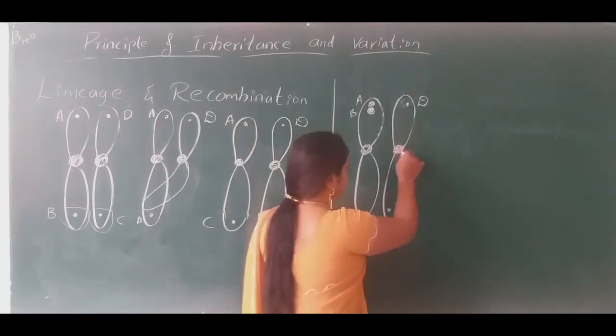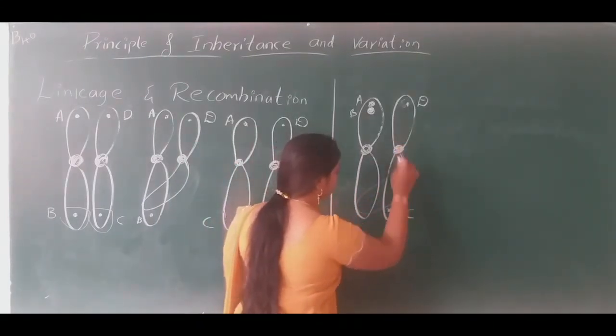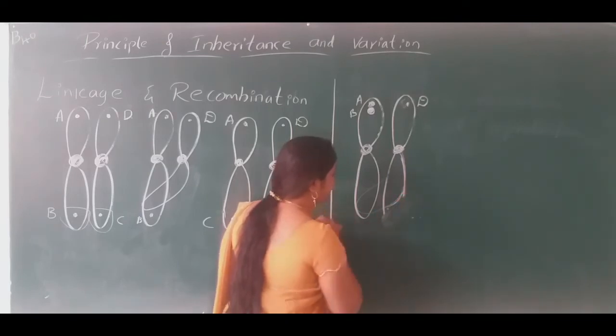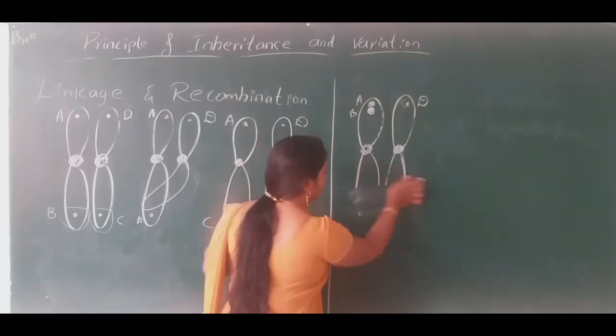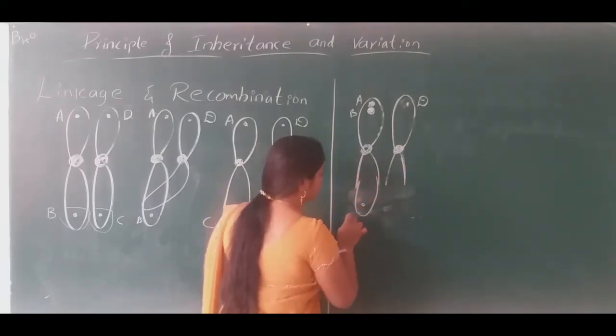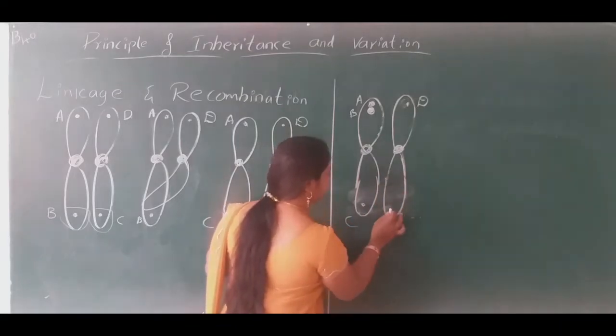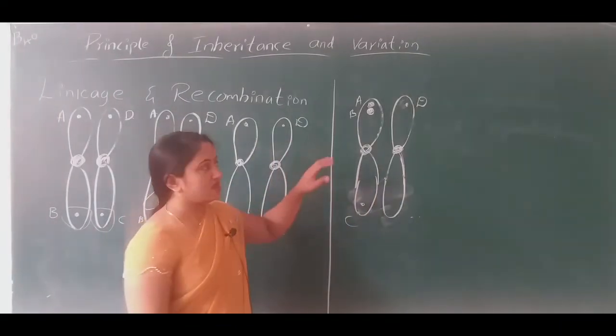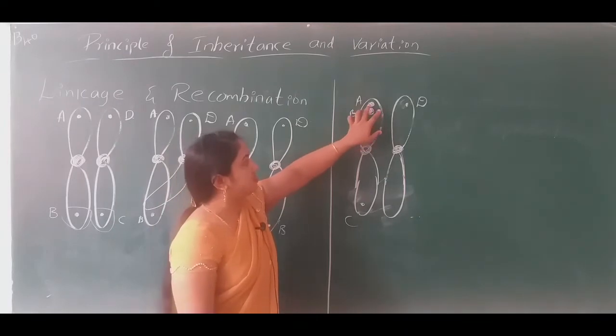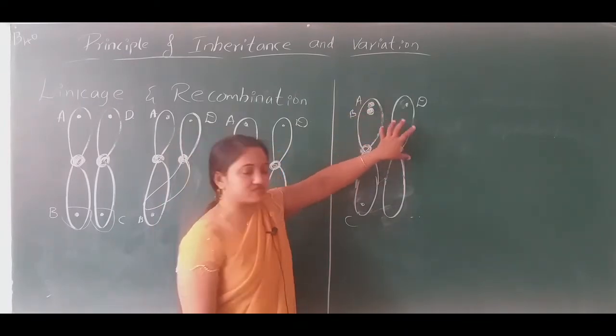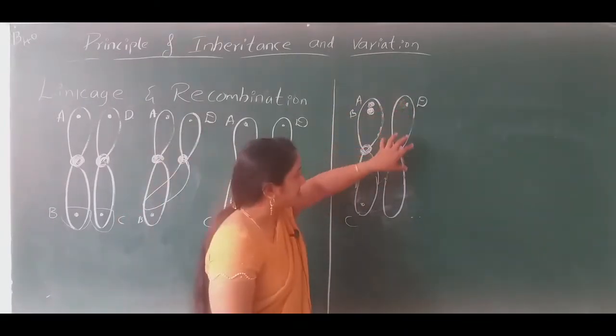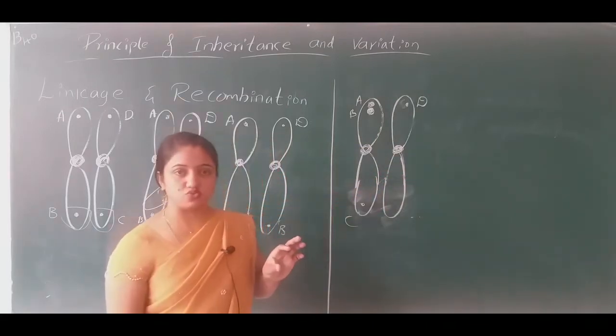After this crossing over, the C gene will come into this chromosome and it remains empty. Here the genes did not transmit to this non-parental chromosome.